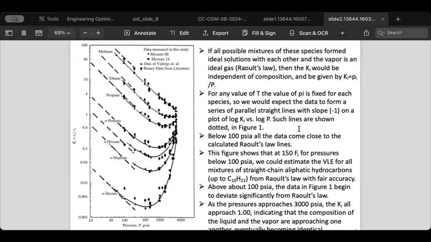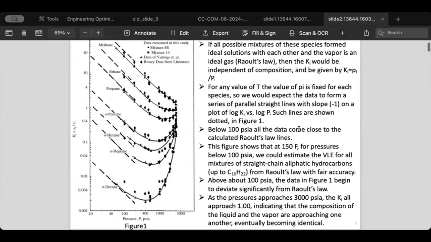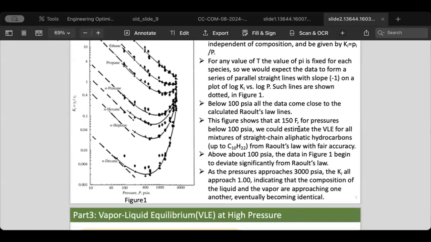Here, as the pressure approaches 3000 psia, the Ki approaches 1, indicating that the composition of the liquid and the vapor are approaching one another. So the composition in both phases is identical, right?